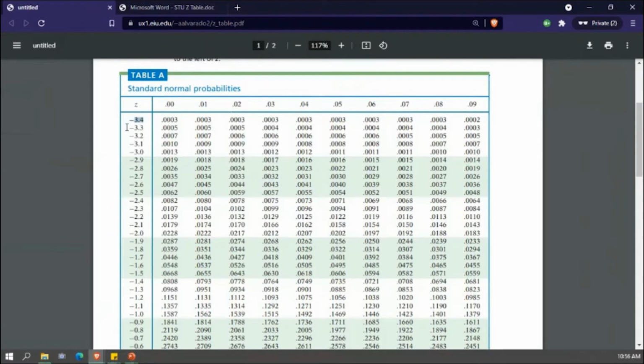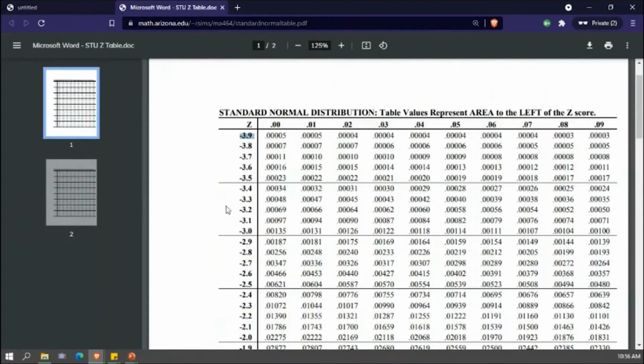But again, you will just have to take note that they will have the same values. For example, this negative 3.40 is 0.003 approximately, since we are using 4 decimal places. But if we use 5 decimal places, the 3.4 is 0.0034. So it just depends on the number of roundings.